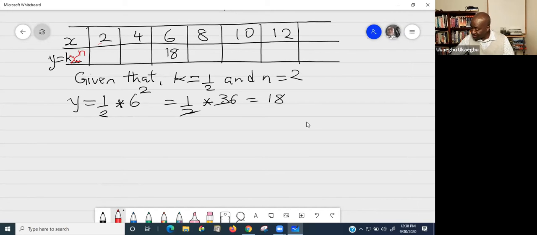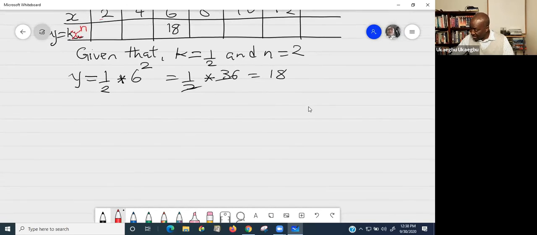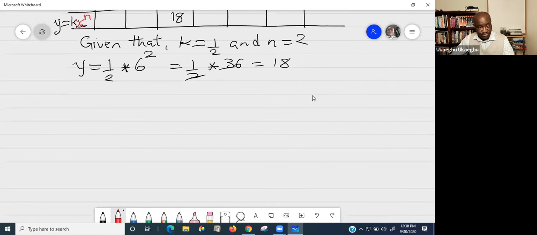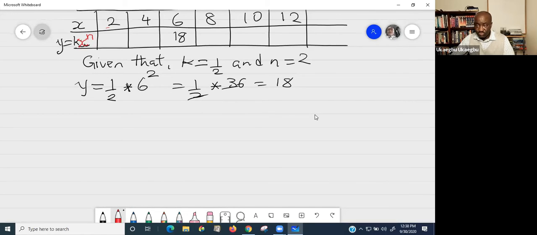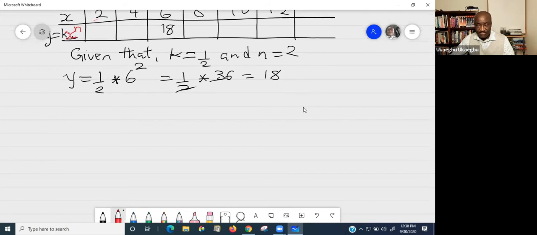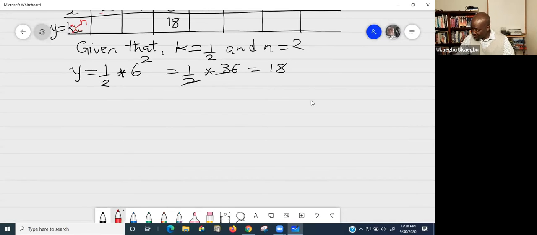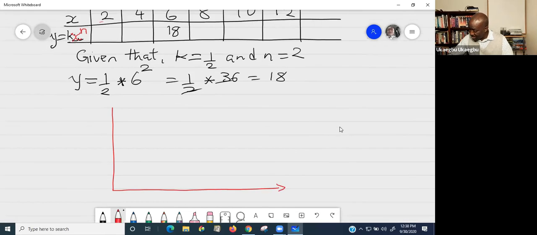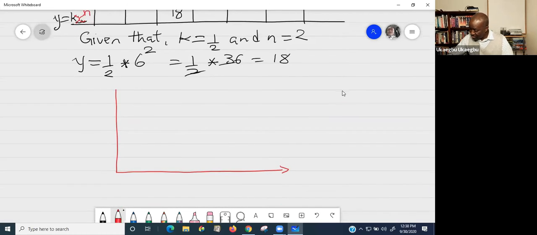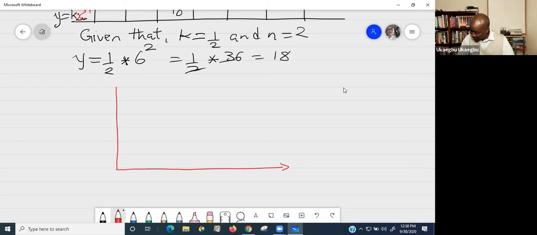So once you are done with completing your table, the next thing you do is you create a scale for your graph and then you plot it. So you are going to plot something that looks like this. This is your y-axis. This is your x-axis. You look at your smallest value of x. So that is going to give you 2, 4, 6, 8, 10, 12.